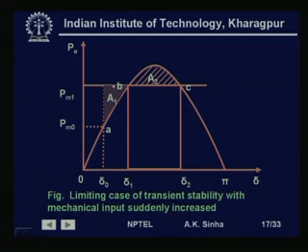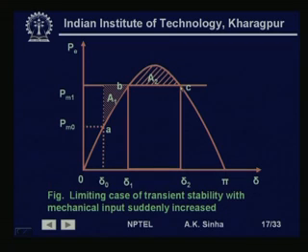If we would have increased this even a little further, this point C would have come below, and then we would not have had any stability available, because we would have got accelerating power still available, and this area A 2 would have been less than the accelerating area available.